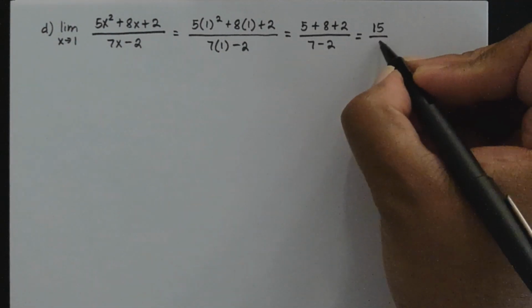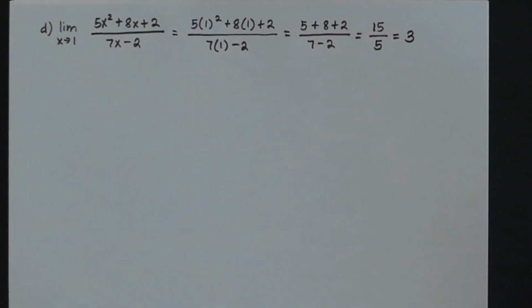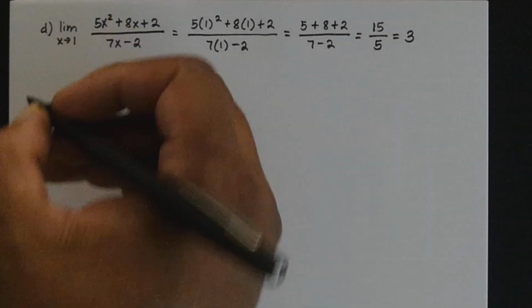The denominator, 7 minus 2, will be 5. And 15 divided by 5 will end up being 3. So the limit as x approaches 1 of 5x squared plus 8x plus 2 divided by 7x minus 2 would be 3. Questions on part D?